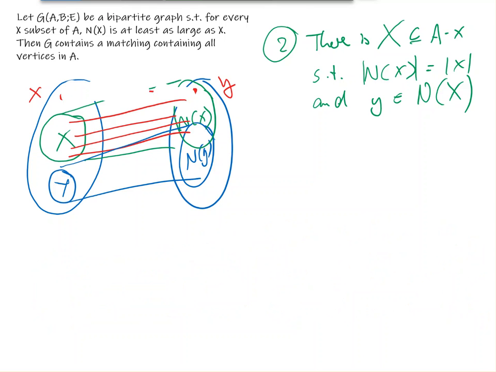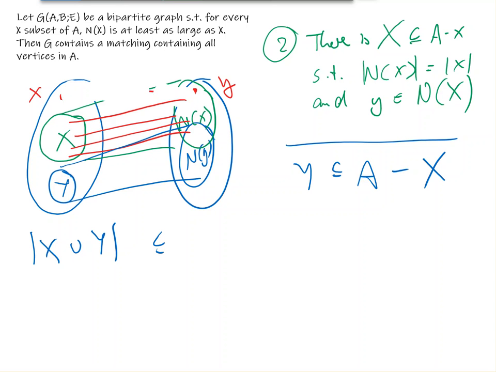What we want to look at, instead of the set Y, is the set X union Y, where Y is now a subset of A minus X. Then of course, by Hall's condition, the neighborhood has at least the size of the set.